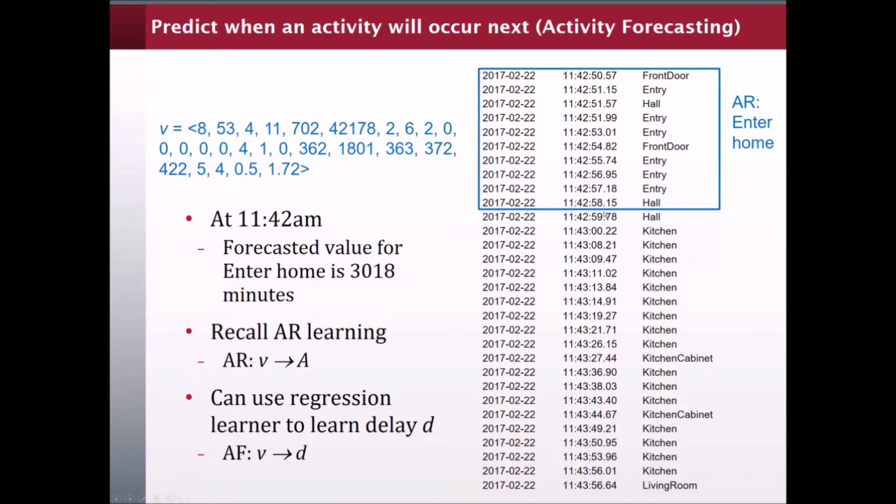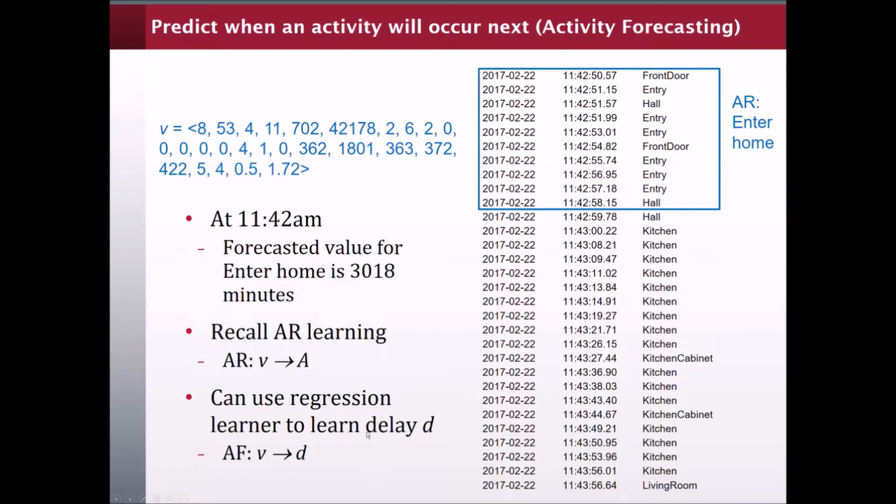You might remember from the module on activity recognition that from this particular window of sensory events, a feature vector was extracted, like the one that we see here. With activity recognition, we were using a machine learning algorithm to learn a mapping from this feature vector to an activity from a set of possibilities A. The problem of forecasting is a little bit different, because instead of outputting a symbol like Enter Home, we actually want to output a number, in this case 3,018 minutes.